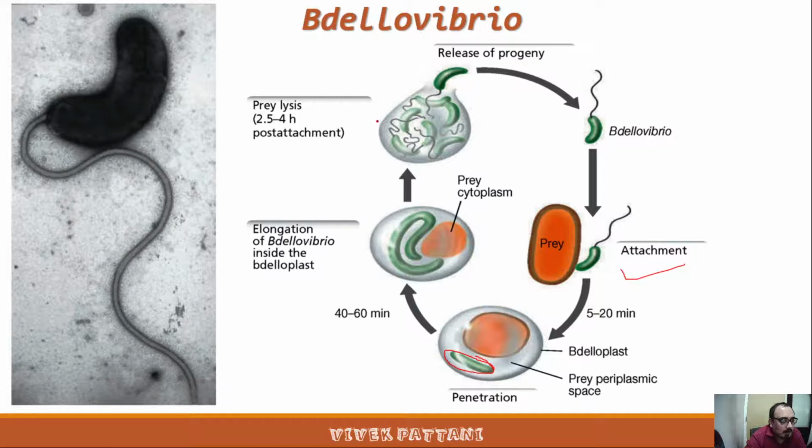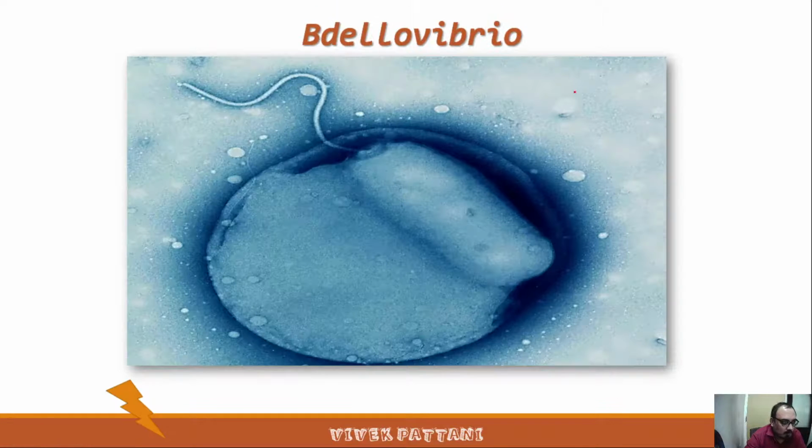Then after 2.5 to 4 hours, the cell finally bursts. This is how the Bdellovibrio life cycle occurs, and this is an electron micrograph of a Bdellovibrio where you can clearly see the single flagellum. And this is again an electron micrograph of a Bdellovibrio.